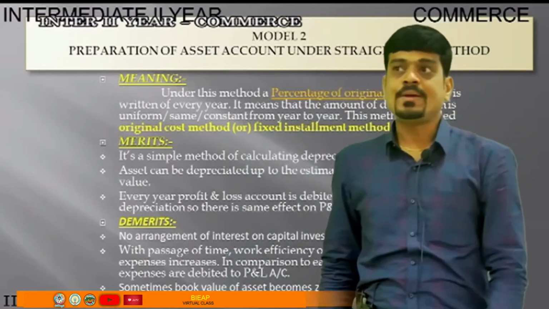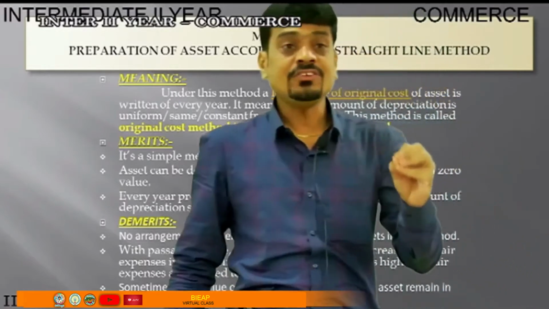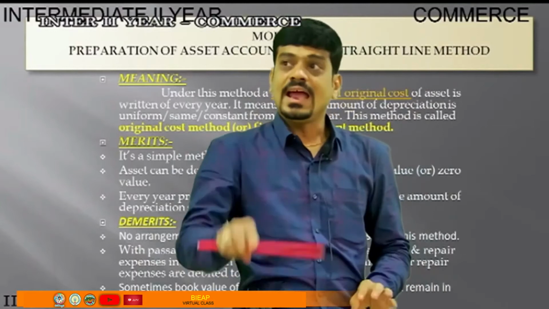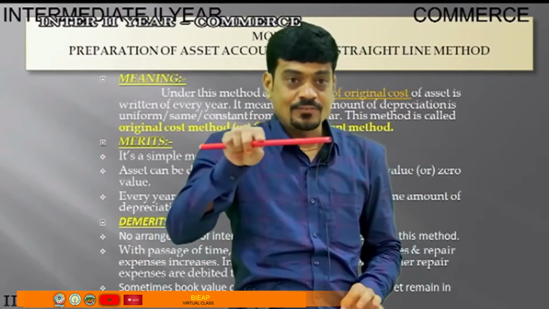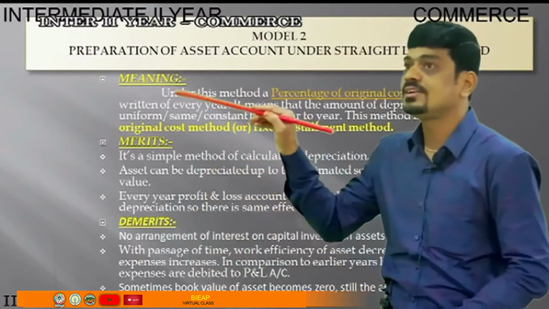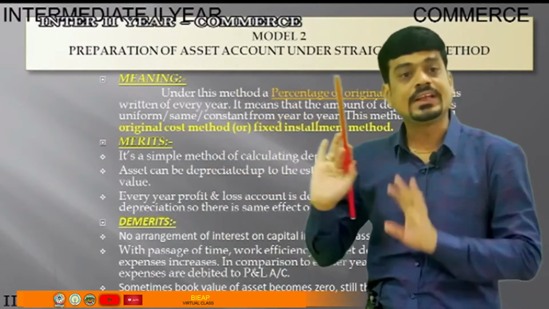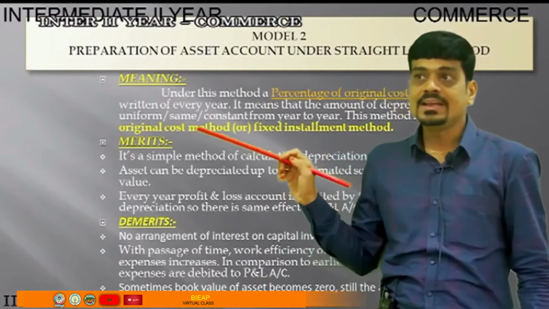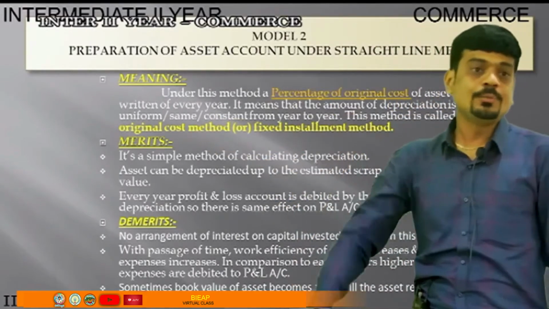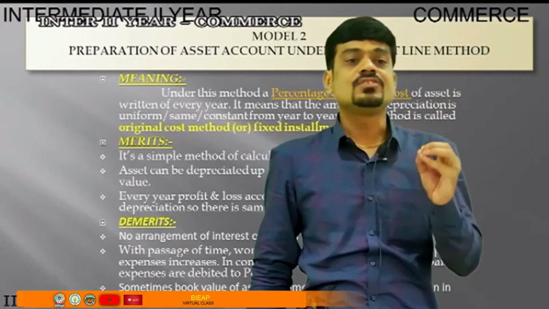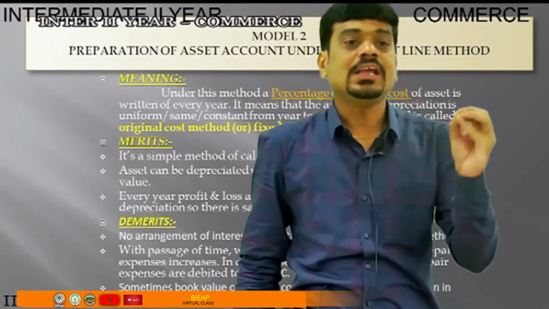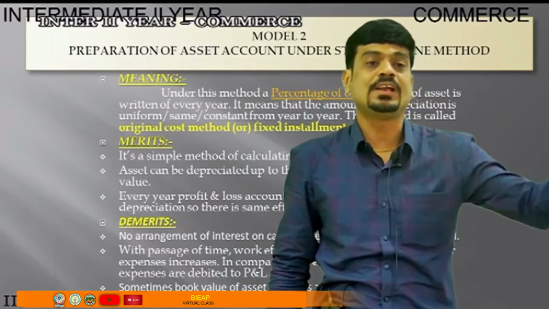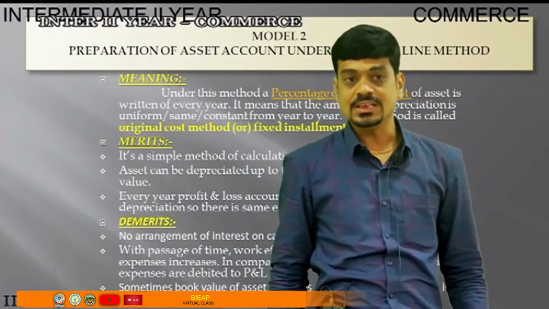Secondly, here we can depreciate the asset till its scrap value. In the sense, at the end of the life of the asset, the value of asset will become zero. That is for sure. In the sense, the asset will get exhausted. And here, the most important advantage is that there is going to be uniformity in the amount of depreciation which we are going to transfer to profit and loss account every year.